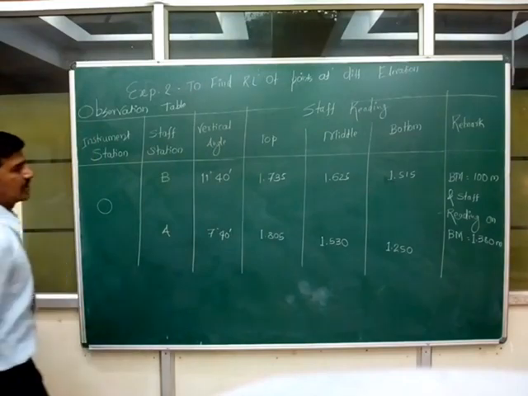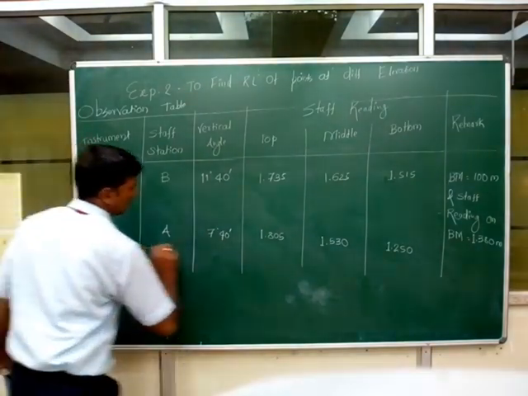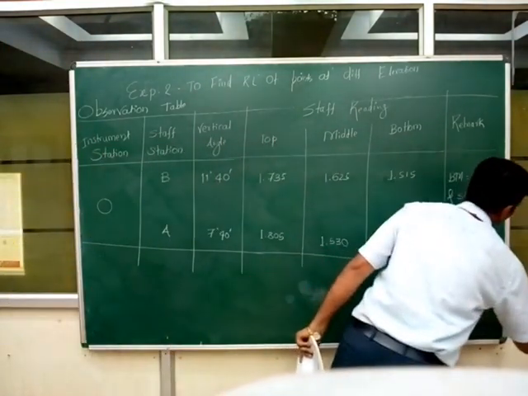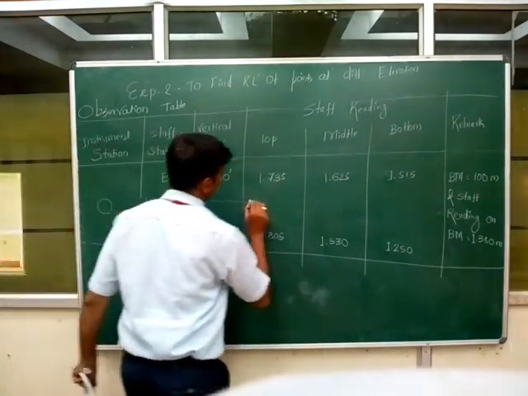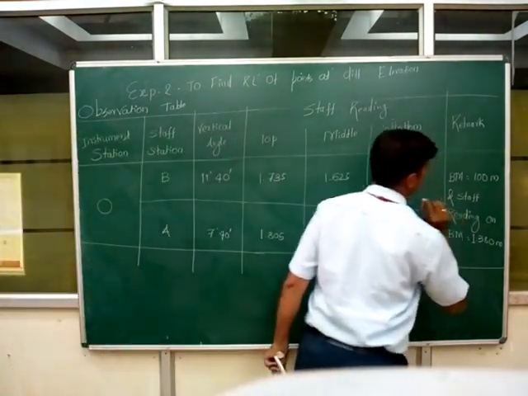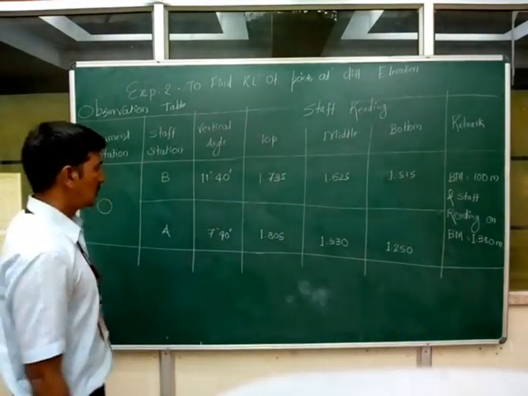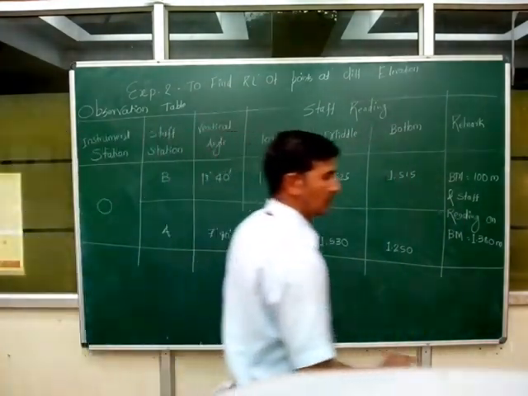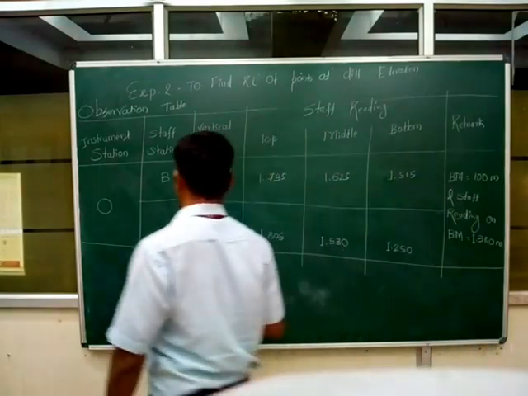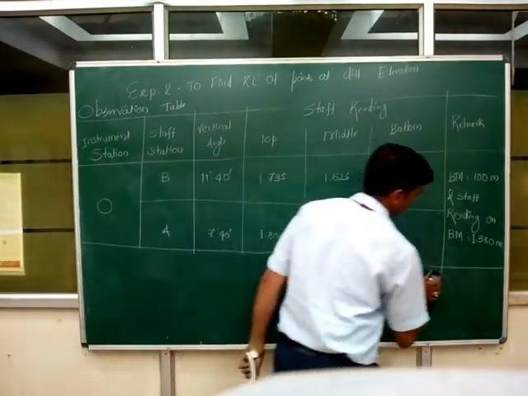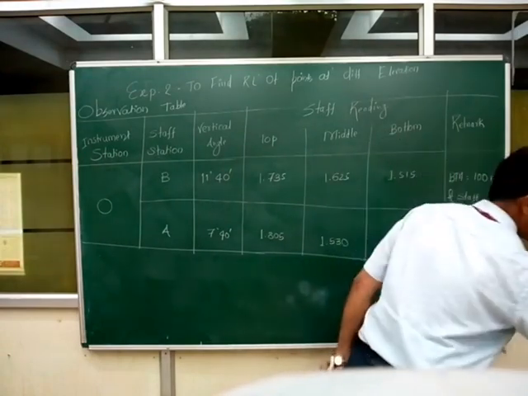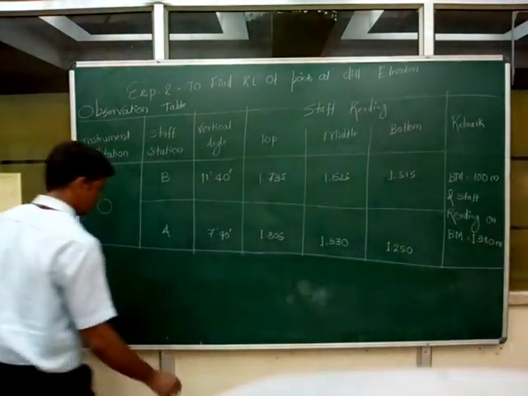and by using this data we have to calculate the RL of point A as well as RL of point B. So here we have to first of all find out the vertical component V for case number 1 as well as for case number 2.